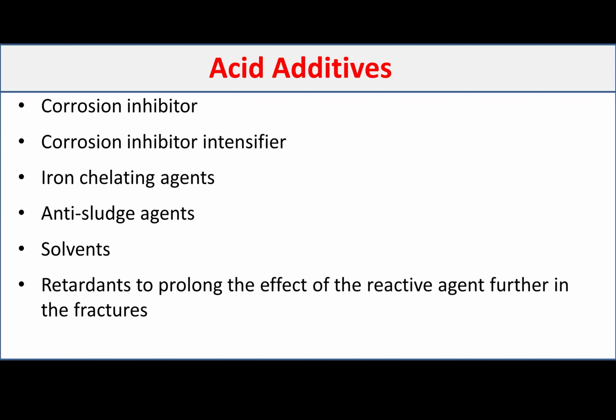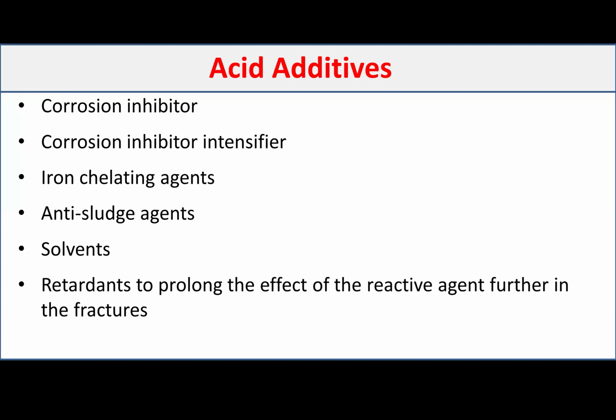Solvent is used when you have some sort of organic deposit, like xylene or toluene type treatment that can dissolve the organic. And retardant is a chemical we add to lower the reaction rate of the acid, which gives a deeper penetration, so it can have a good effect deeper inside the formation.